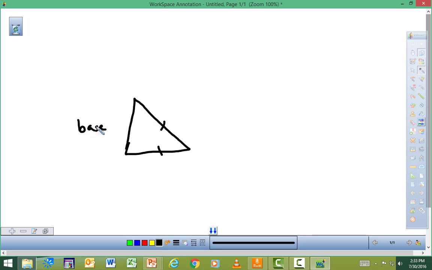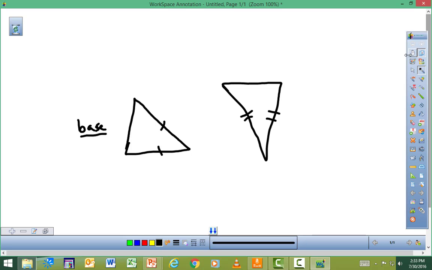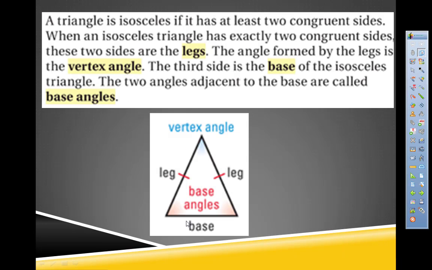So please don't misunderstand. The base does not have to be laying on the bottom. It could even be upside down, with an isosceles triangle like this, where these two sides are congruent. Well, it's pretty ugly, but anyhow, you get the idea. The side that's called the base doesn't have to be on the bottom.